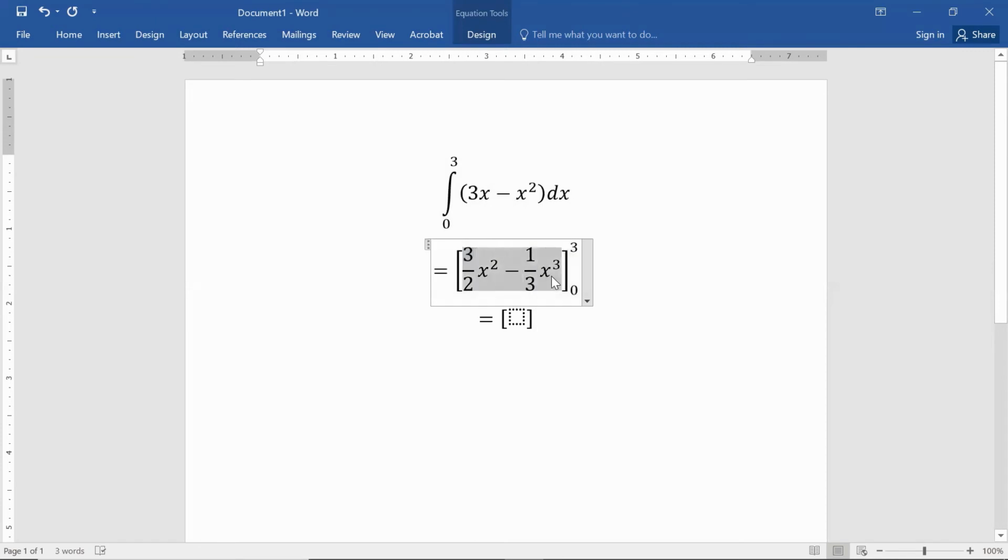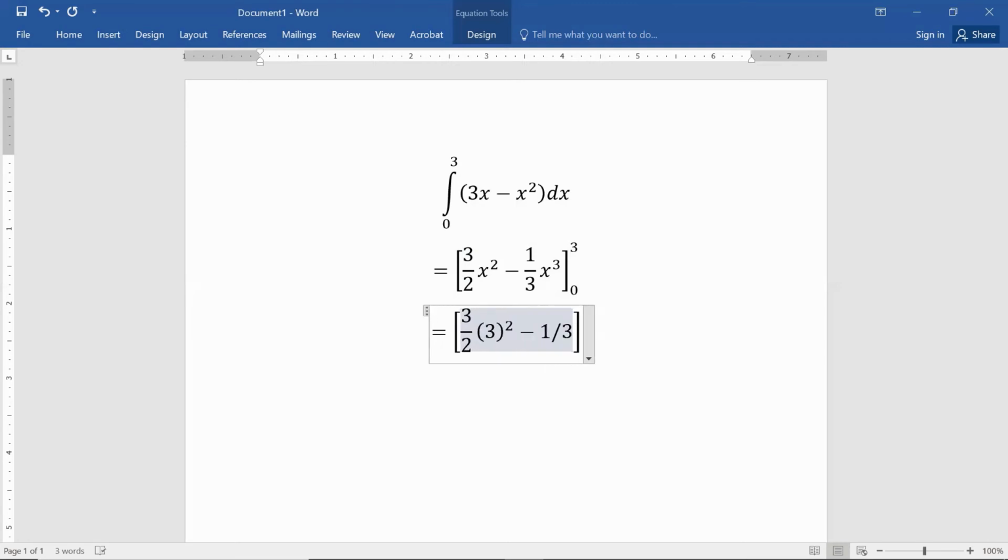So here is my antiderivative. The fundamental theorem of calculus says plug in the upper bound into the antiderivative. Let's go ahead and do that. 3 halves times 3 squared minus 1/3 times 3 to the third.